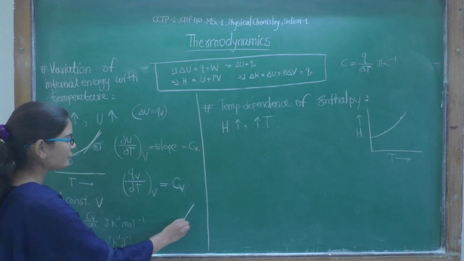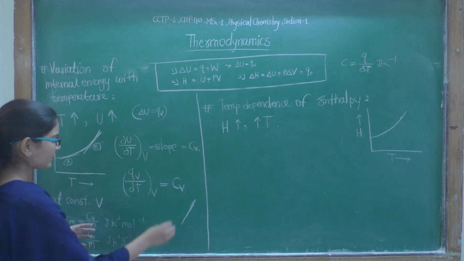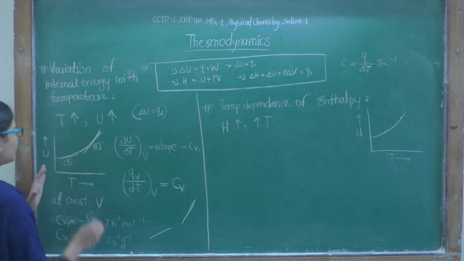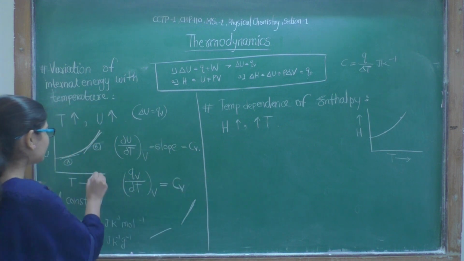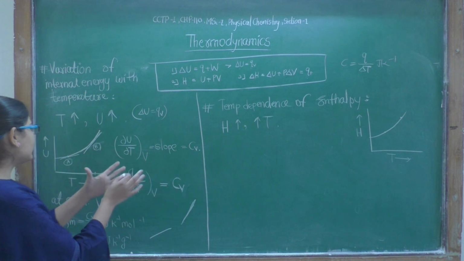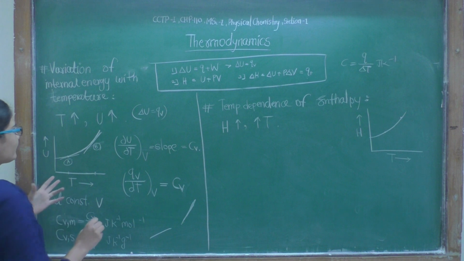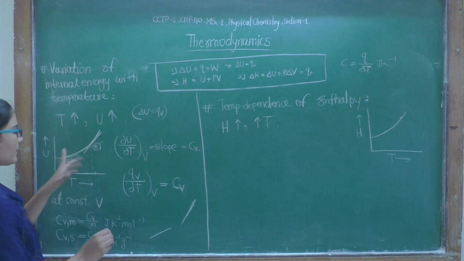Absolutely, this line will have greater slope. That means greater value of CV than A. Therefore, the heat capacity at high temperature is higher than that at low temperature. This was a conclusion from this.